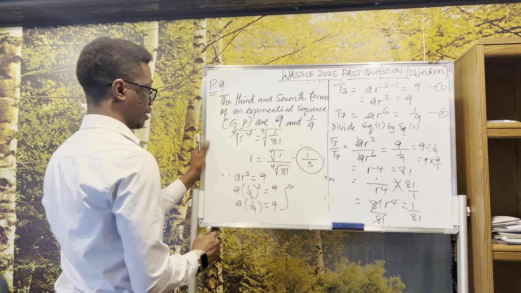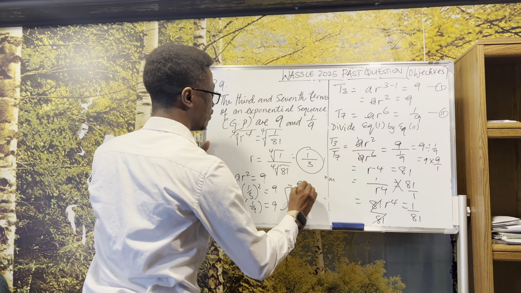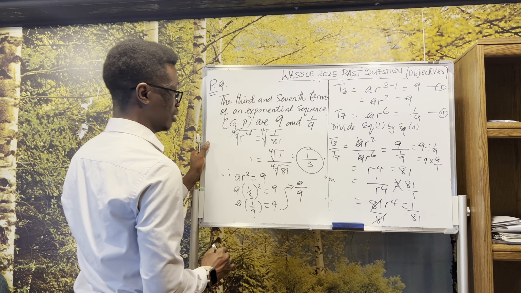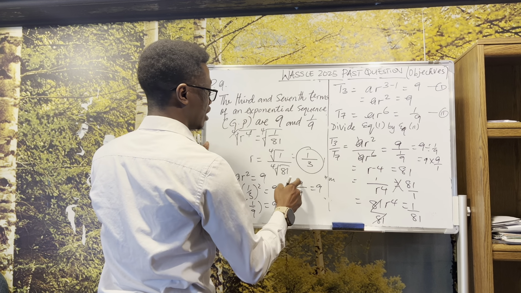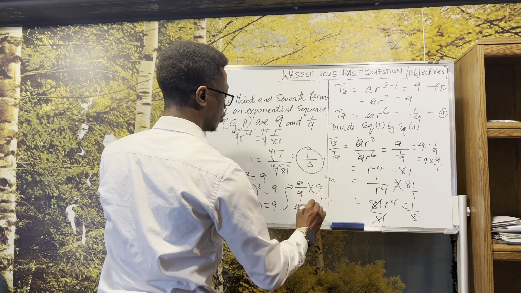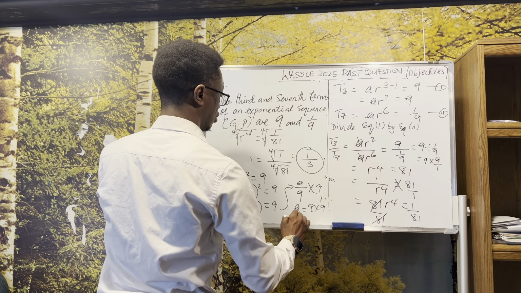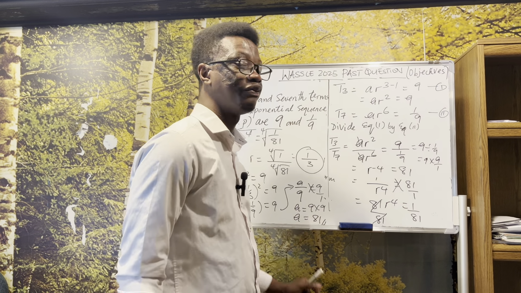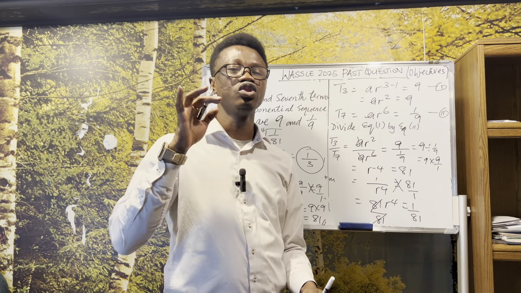So this becomes a divided by 9 equals 9. If I need a, I cross multiply. So my a equals 9 multiplied by 9. So my a becomes 81, which is your first term.